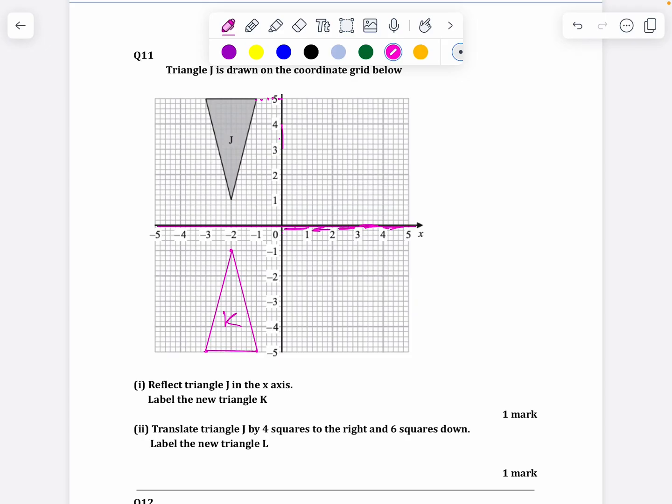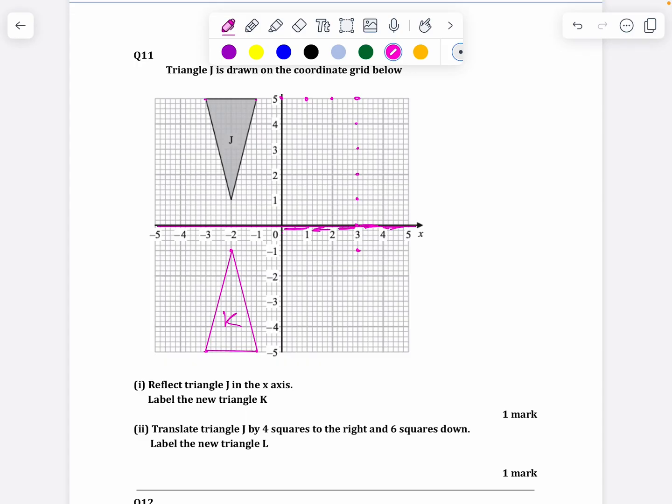So you were allowed that. We gave you a mark because it wasn't entirely clear on this, that you had to be careful with the squares. But the actual answer is, this is 1, 2, 3, 4 squares to the right, and then 1, 2, 3, 4, 5, 6 squares down. So that's where it should be now.